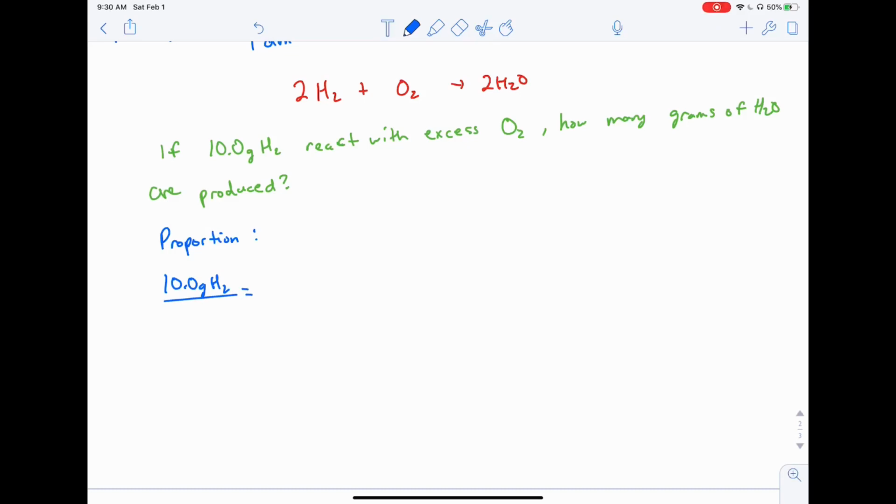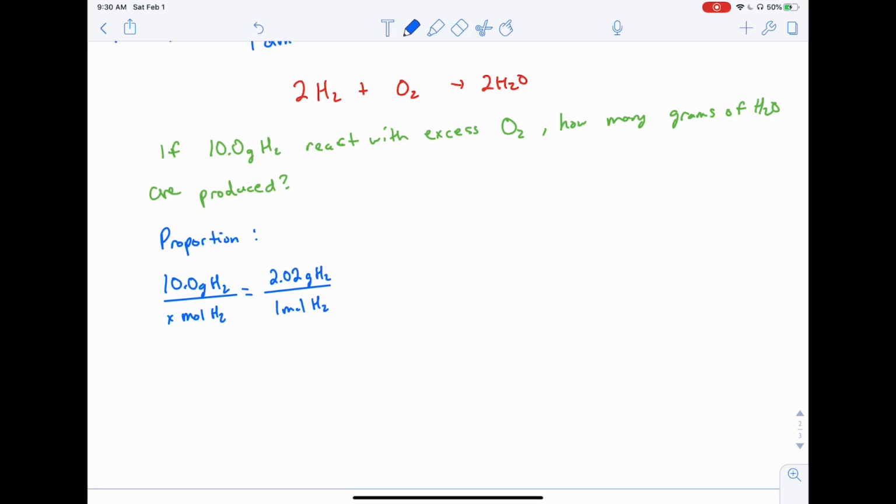So how many moles of H2 do I have? Well, I know that 2.02 grams of H2 is 1 mole of H2. And notice very carefully, I'm writing all my units out, because when you start doing stoichiometry, you lose track of which substance you're talking about if you don't write all your units out.